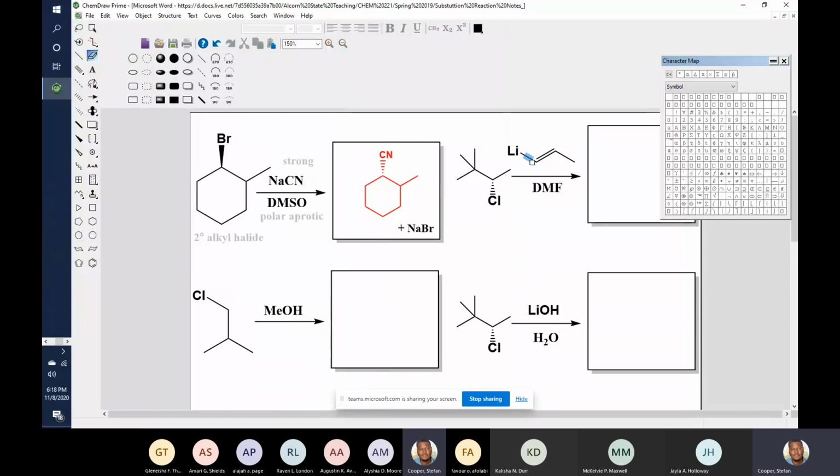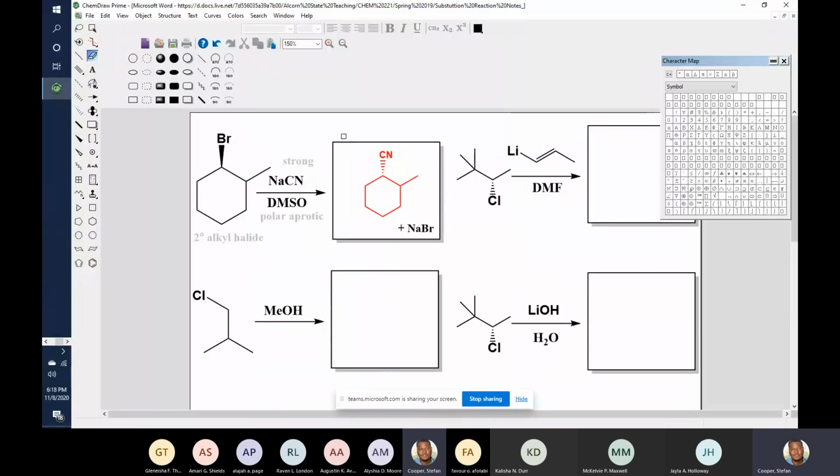You can have a vinyl nucleophile, but you can't have a vinyl as your leaving group, or I guess you'd say your electrophilic site. A nucleophile cannot attack a carbon that's involved in a double bond. There's some other chemistry that happens. Typically, you need a metal type of reaction. We'll talk about those in the next chapter.